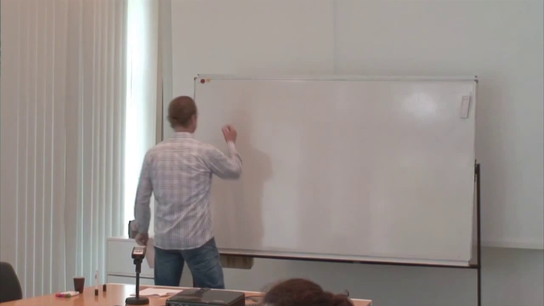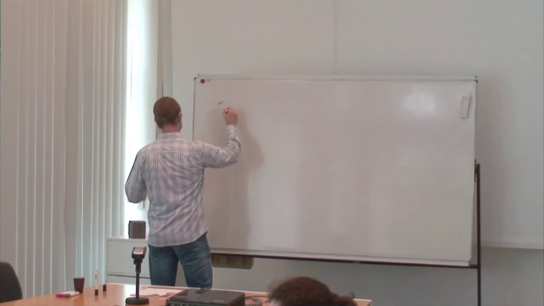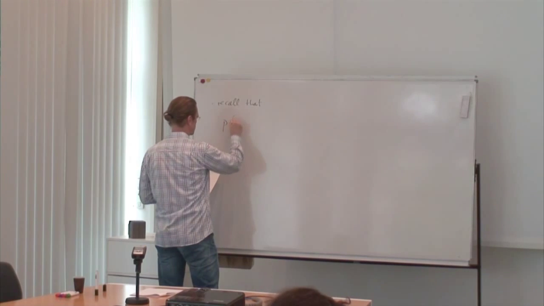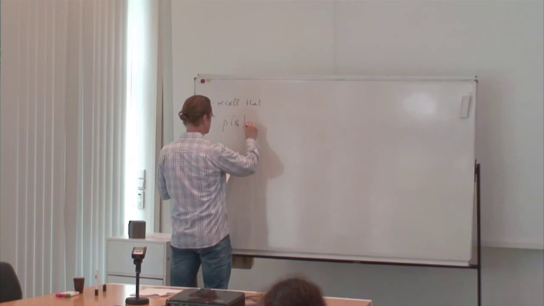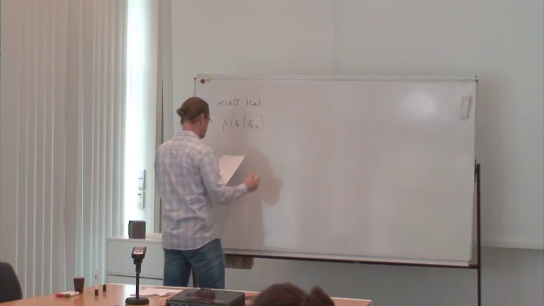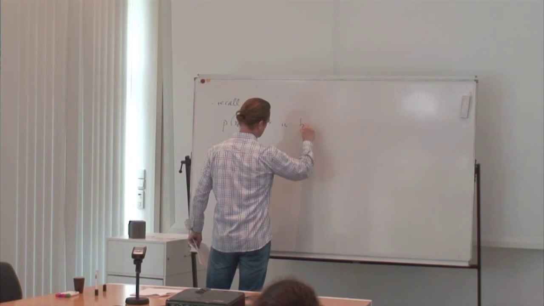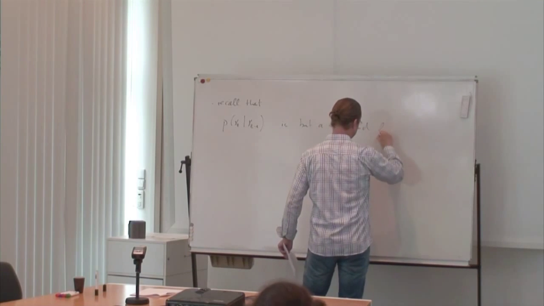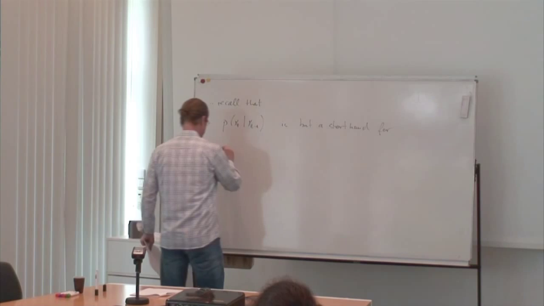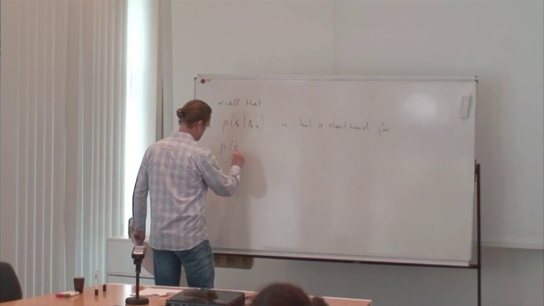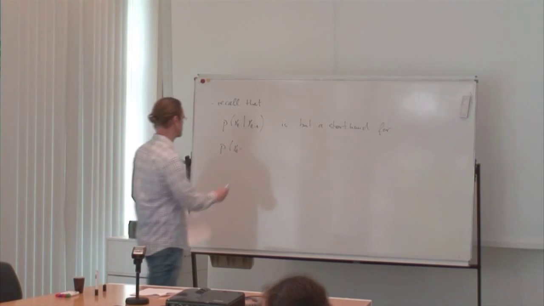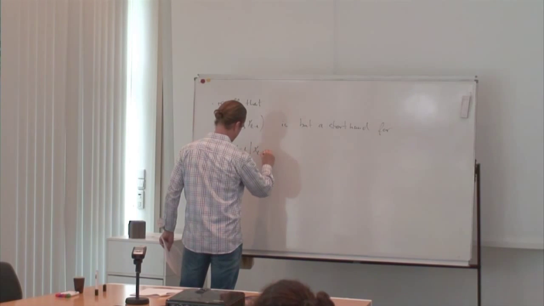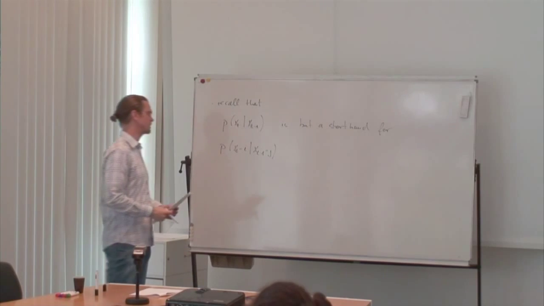Now, before we continue, let us also recall that these expressions I've been writing down so generously, so this probability of xt given xt minus 1, is but a shorthand for the expression that the probability of the random variable xt assumes a value of i, given that the random variable xt minus 1 assumes a value of j.